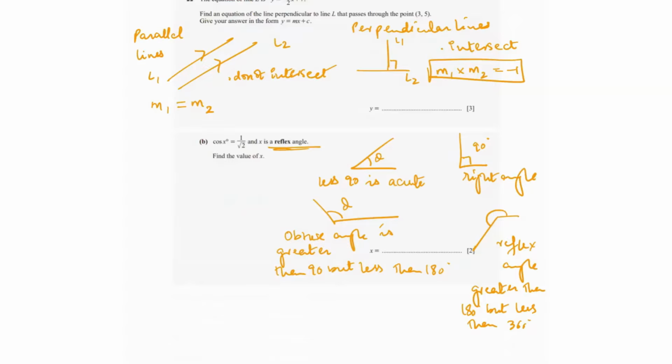They've clearly identified a reflex angle, so they want the value that's bigger than 180 for cos x equals 1 over root 2. First steps are going to be exactly the same as we learned in the initial questions for trigonometry, but you need to select the right angle, which will be based on your knowledge of what each type of angle is. So that's what you need to know for angles.